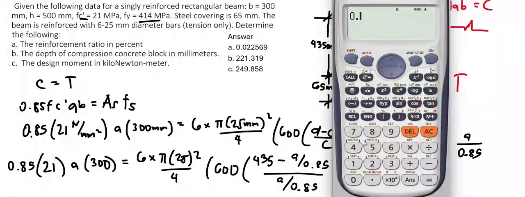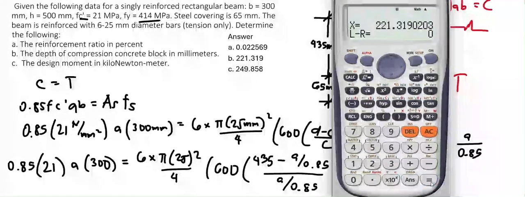So we have 0.85 times 21 times A times 300 equal to 6 times pi 25 squared over 4 times 600, 435 minus A over 0.85, all over A over 0.85.